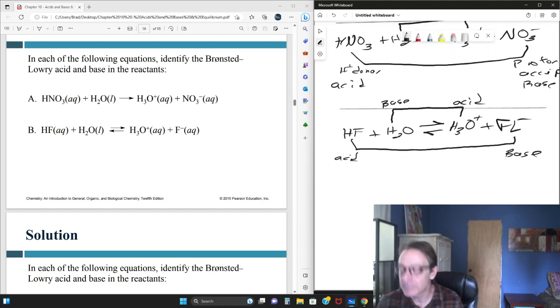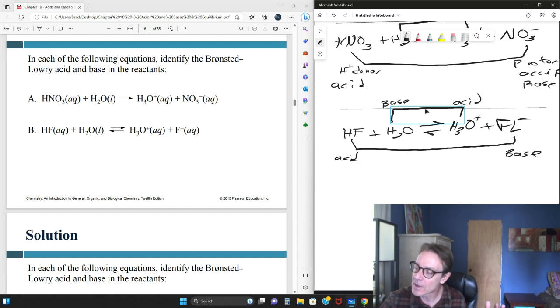And notice, for those of you who like looking at things visually, you have an acid and a base on one side of the equation, and an acid and a base on the other side of the equation. Then to tie it all together, you have the conjugate bases of those molecules and the conjugate acids and bases for the other.